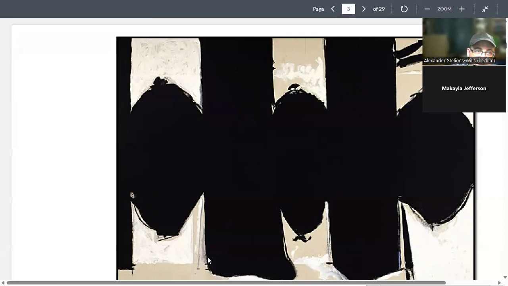But when you think about the fact that Motherwell was making this kind of image again and again and again, all on the theme of Elegy for the Spanish Republic, this image must mean something to him. So in that way, it is a representation, right? It's a representation of the war, of the end of the Republic, of the tragedy of it.